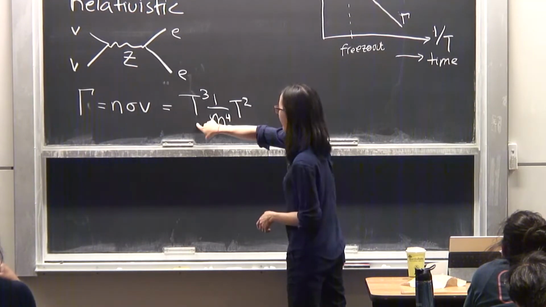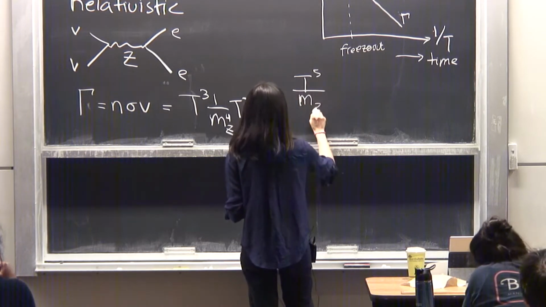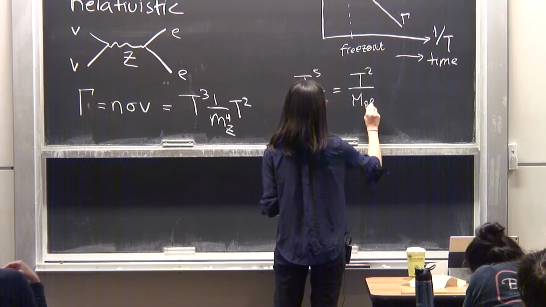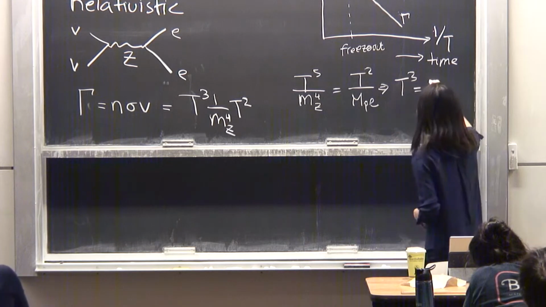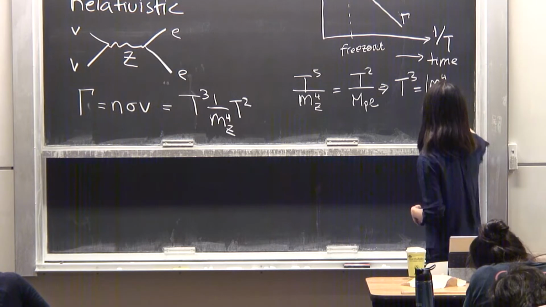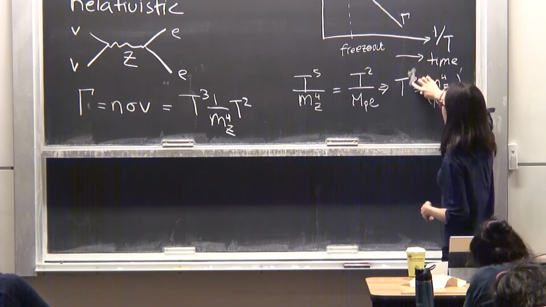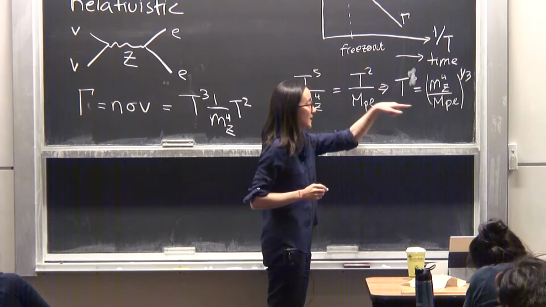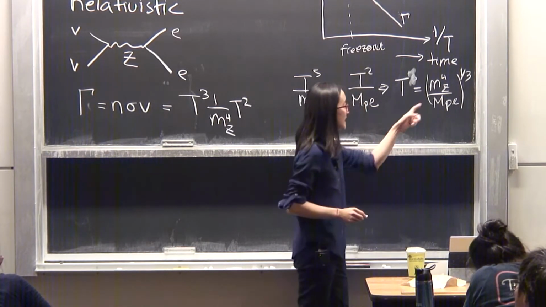So setting this rate equal to the Hubble expansion, I get that the temperature is the 1/3 power of mZ to the 4th over m Planck. And we can plug in some typical numbers.